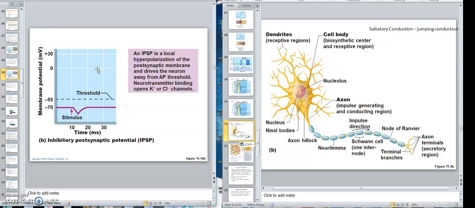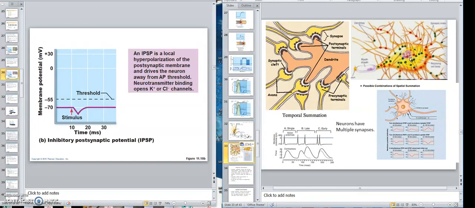All right. So now we go further here. I want to point out that any one neuron has multiple synapses to it.